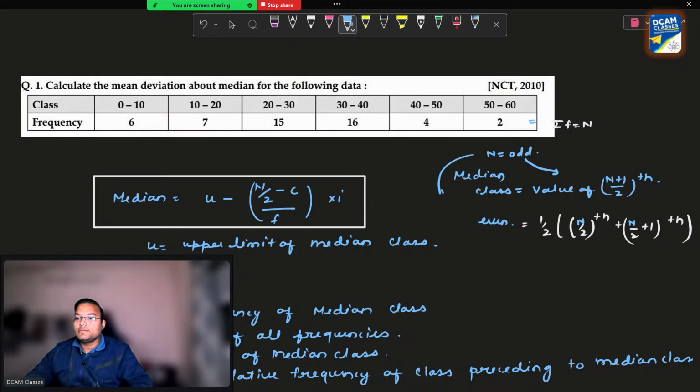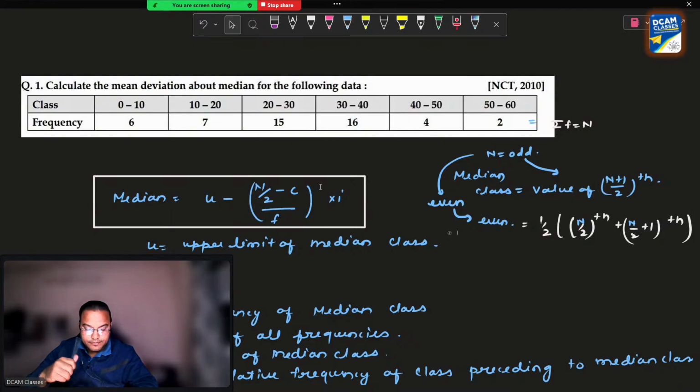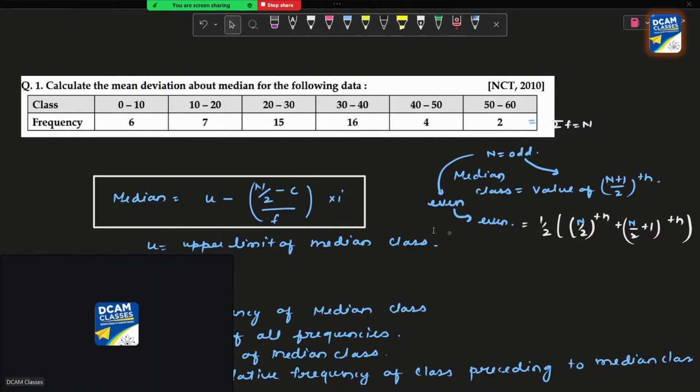If this n value comes out to be even, you have to use this formula, to find out the median class. Acha, Haripriya, once you calculate, na, just tell me what's the median you're getting. Yes. Okay.